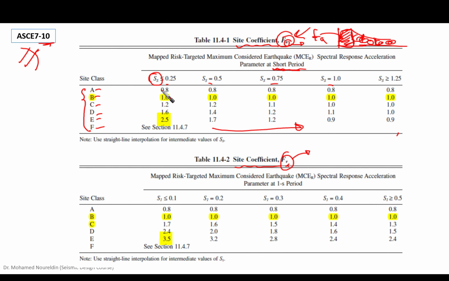This means what? That we are going to use this FA to multiply by the S that we got from the map, S sub S, for example.